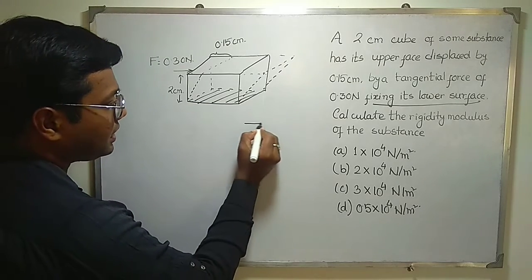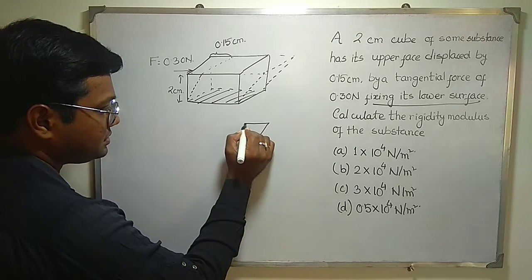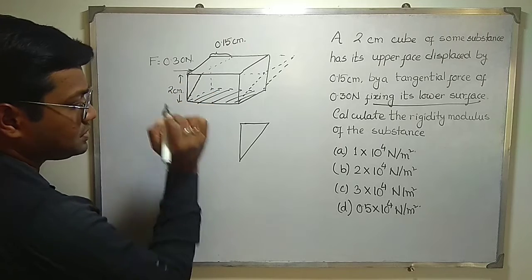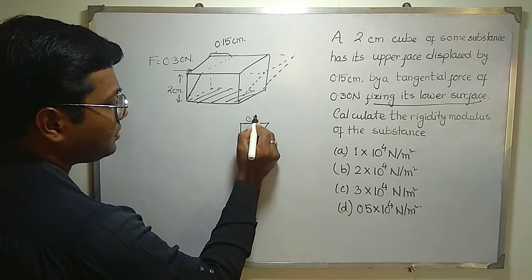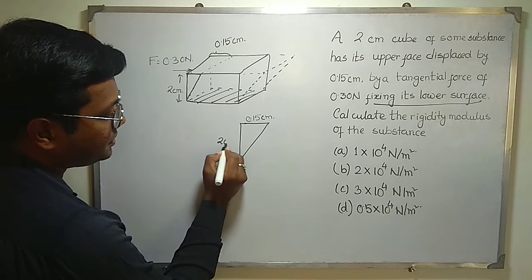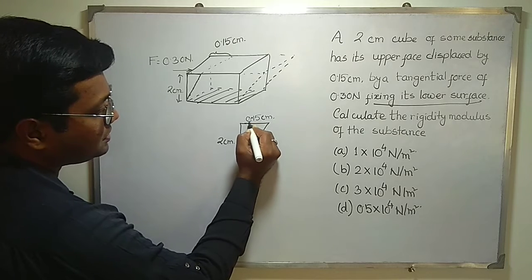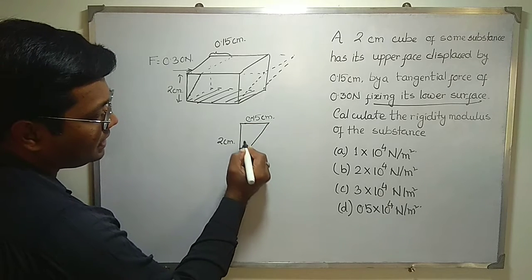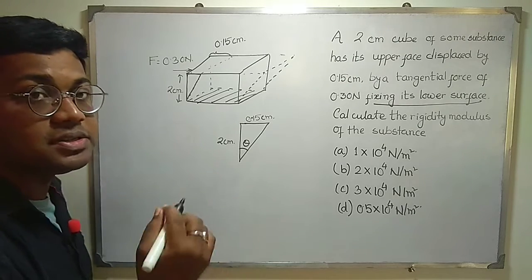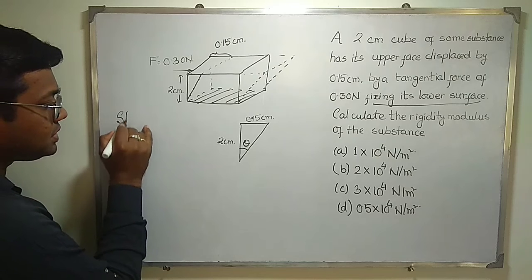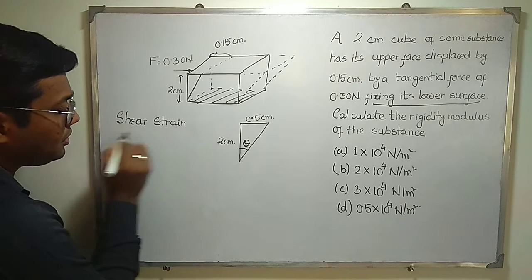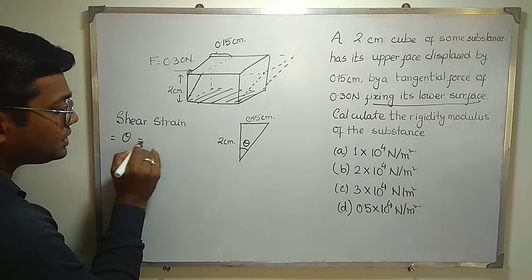So if I draw a triangle, I am talking about this triangle. Here it is 0.15 centimeter, and it is 2 centimeter. If I say this is theta, which is basically the shear strain, the shear strain is denoted by theta, or we can say tan theta.